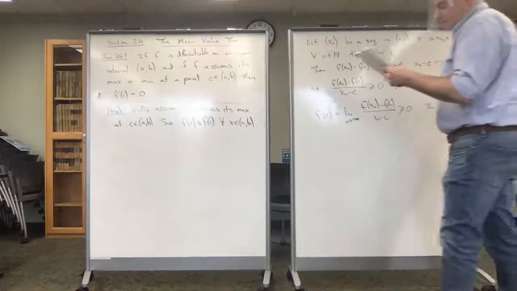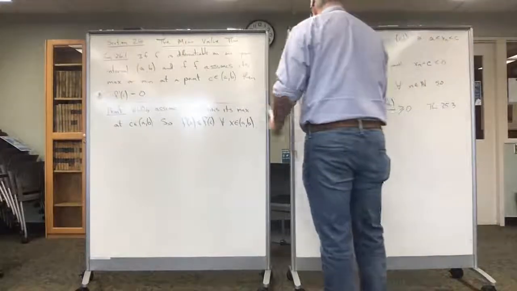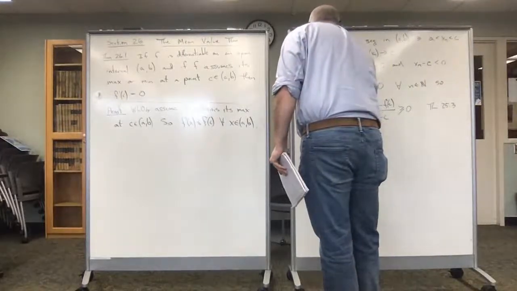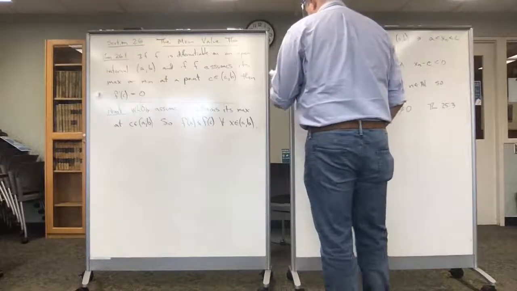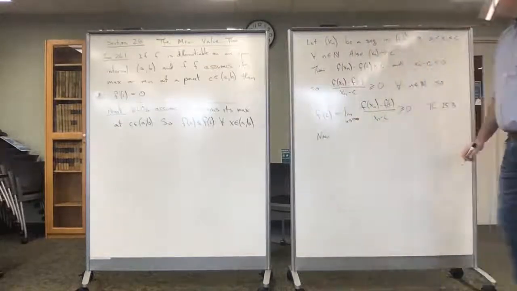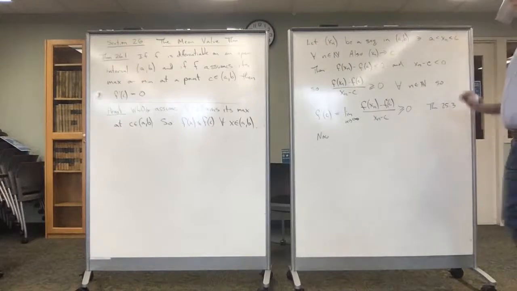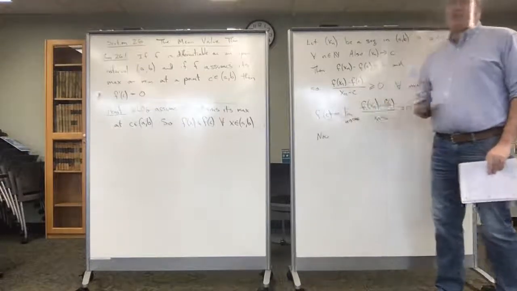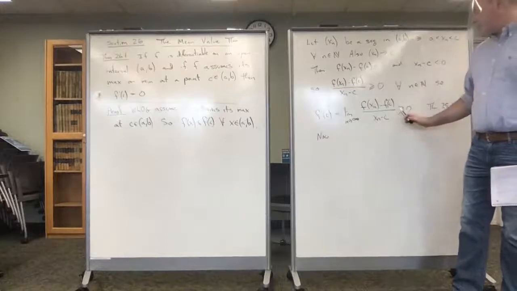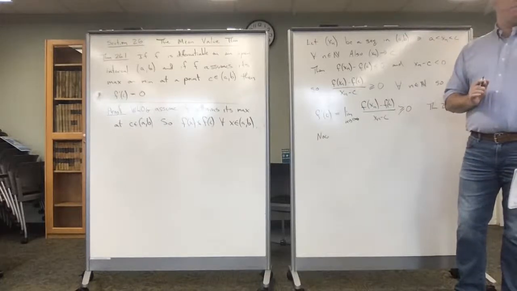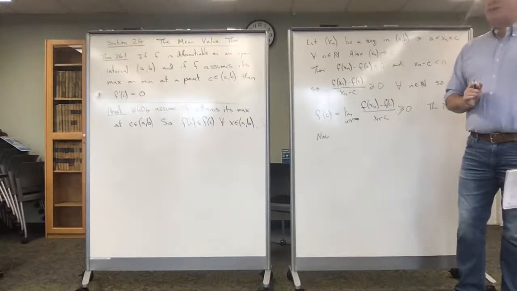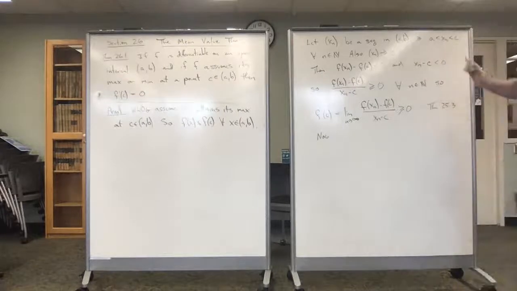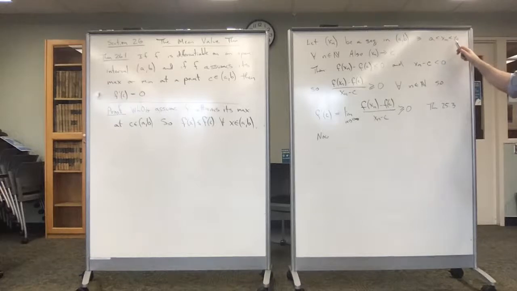Okay. Now let's look at another sequence. Basically what I just said is that the derivative at c is greater than or equal to 0, correct? Now I'm going to do the same argument. Remember, here I started with a sequence that was to the left of c.